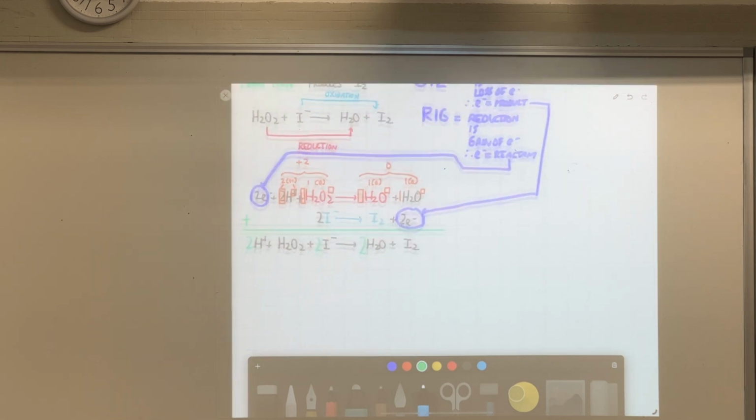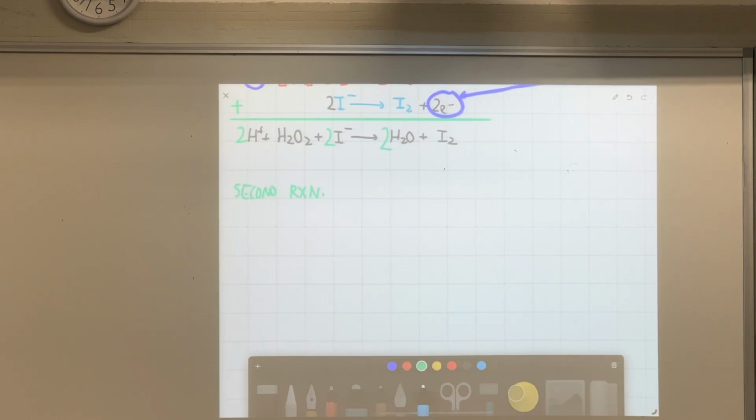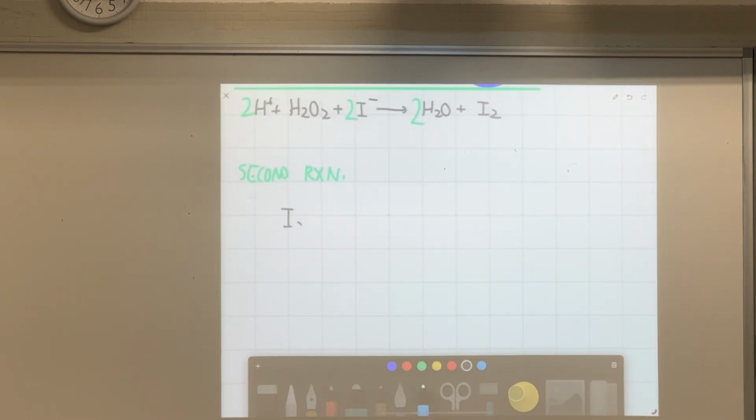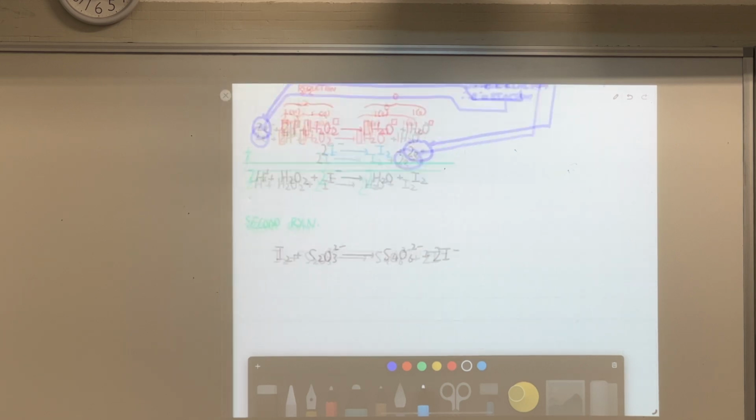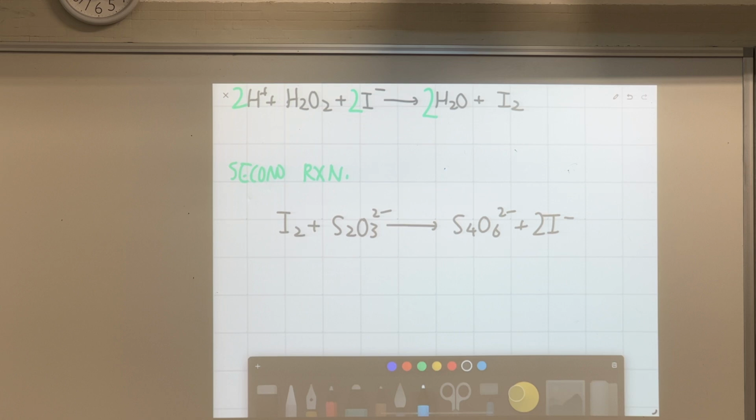The second reaction now. Okay, second and third reactions. They are iodine plus thiosulfate will form S4O6 2 minus and I minus. So this is also a redox reaction in itself. Okay, so what is oxidized, what is reduced?